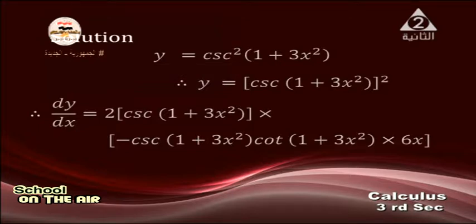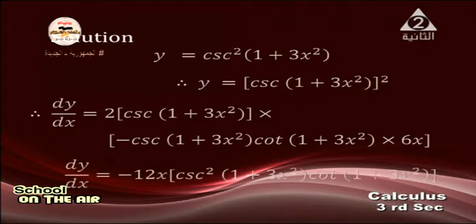Then dy dx equals 2 multiply the bracket cosec of 1 plus 3x power 2 multiply negative cosec of 1 plus 3x power 2 cotan of 1 plus 3x power 2 multiply 6x, and we can write dy dx in the simplest form: dy dx equals negative 12 multiply cosec multiply cosec, which is cosec power 2 of 1 plus 3x power 2, multiply cotan of 1 plus 3x to the power 2.